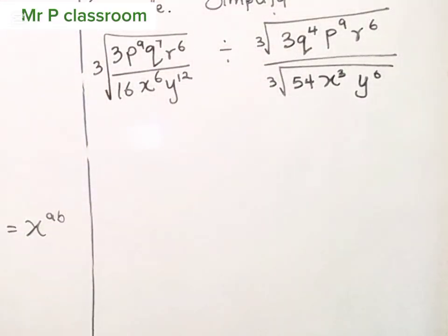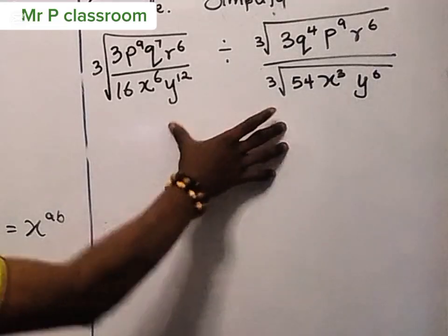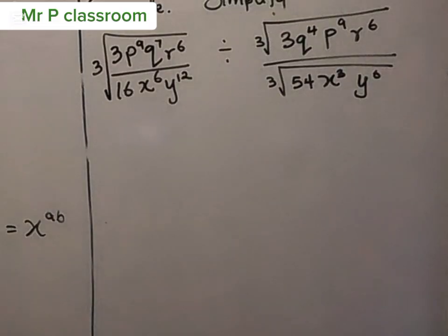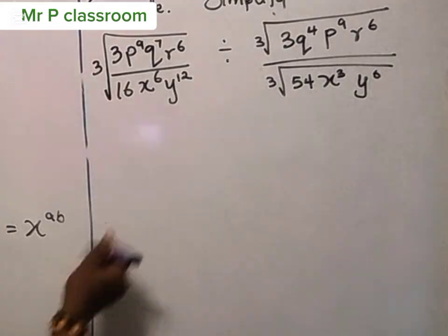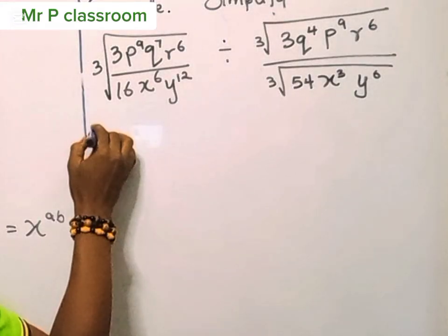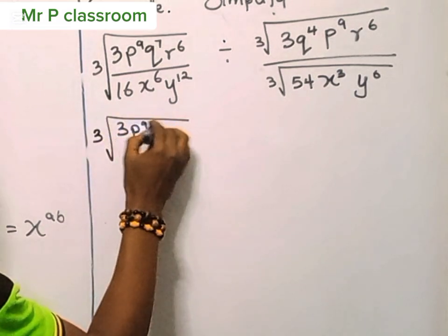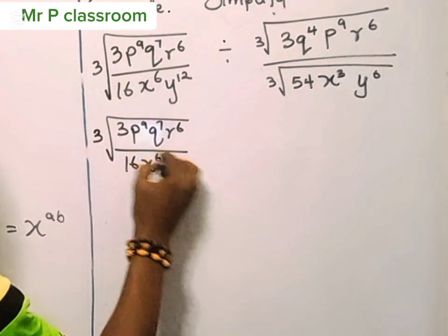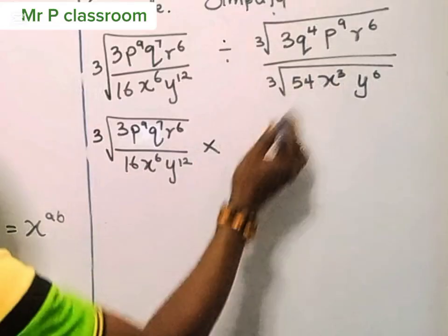Alright, so look at this example. It looks tough, but it's not tough if you know the laws of indices. Now, first thing I would want to do is to change this division to multiplication. So I'll do cube root of all of this stuff all over 16x6 y12 times, so when I'm doing times, this will come up, that will come down.